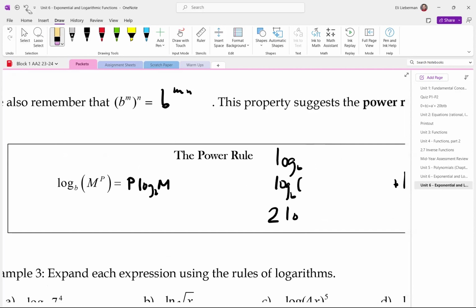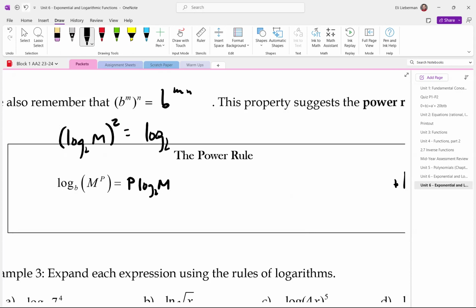Now notice that the power must be on the inside, or inside the what was the vocabulary word I used last time? Inside the argument. So please don't use it in cases like this. If you have log base b of m to the p, you can't use this. If this were a 2, you just have to rewrite that as log base b of m times log base b of m, which is not a particular property, it's just math that you'll be using at some point.